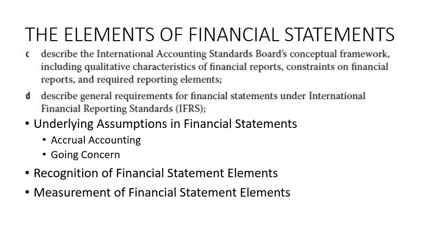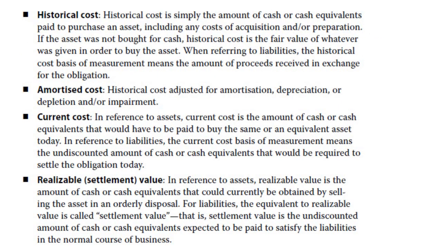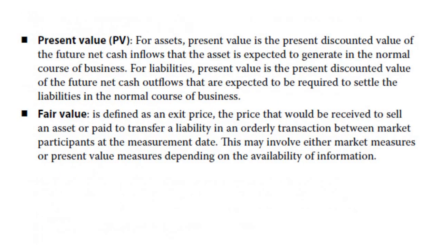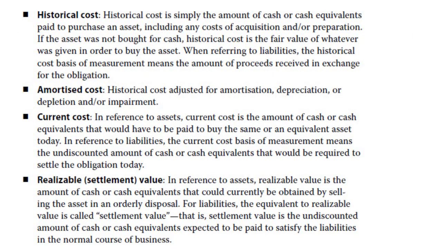Now, measurement of financial statement elements is one of the most challenging things for people preparing financial statements. There are a number of terms, six of them to be precise, that we have to discuss here.